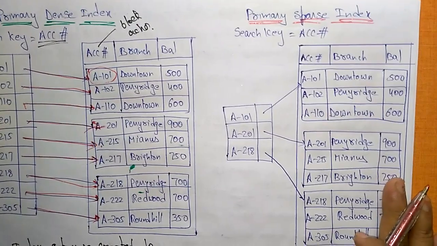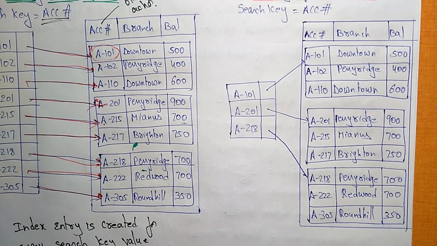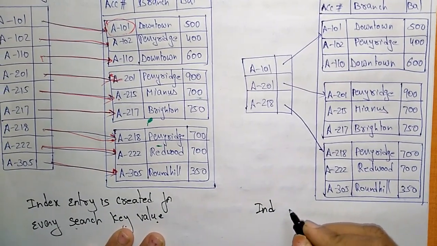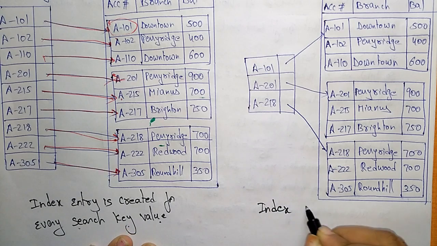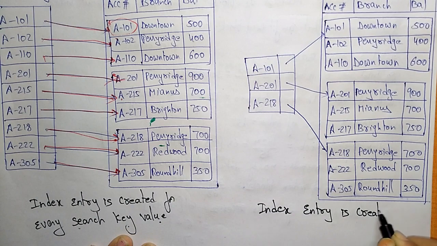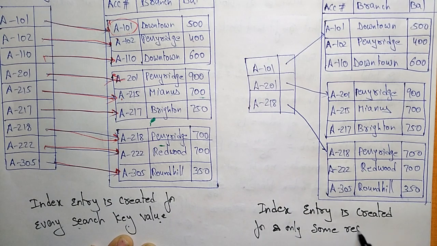Now coming to the primary sparse index. So what is a sparse index? It means an index entry is created only for some records.